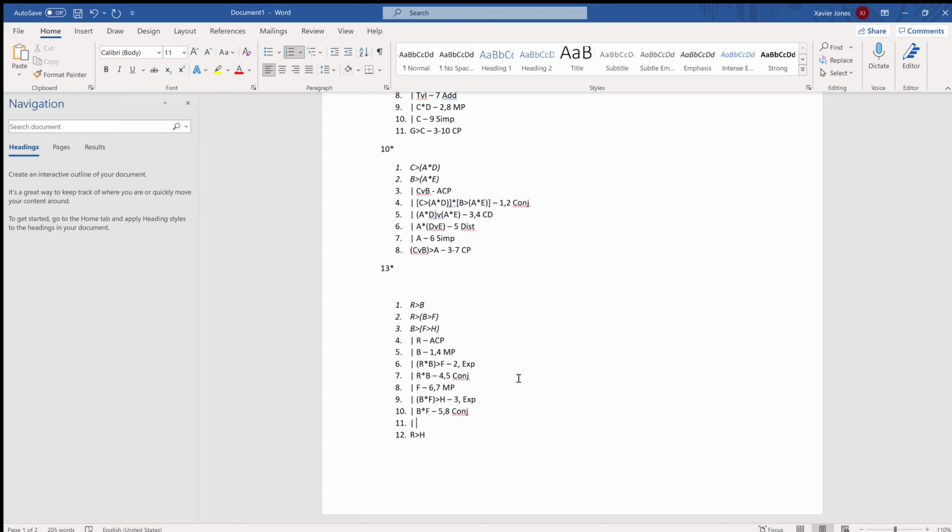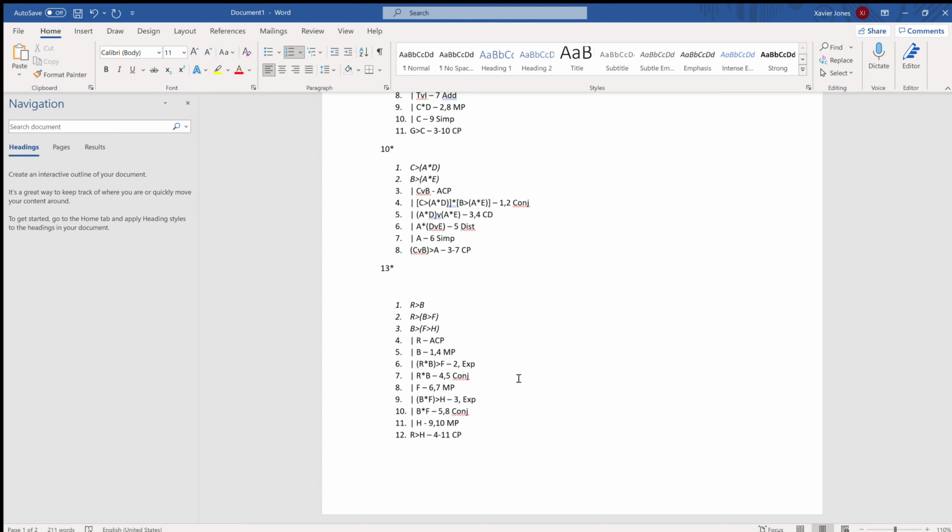Then we get H using lines 10, 9, and 10, modus ponens. And then we get if R then H, lines 4 through 11, conditional proof.